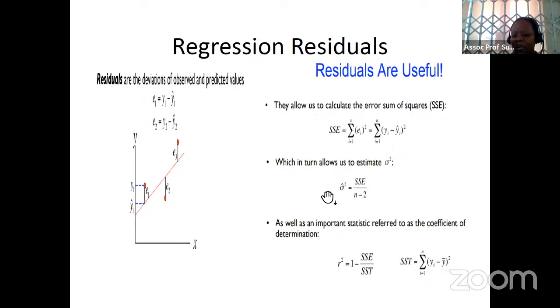And in turn, we can now compute the variance of the data set. So the variance of the data set is the sums of squares error over the degrees of freedom, which is n minus 2. N minus 2 comes from two parameters, the intercept and the slope.